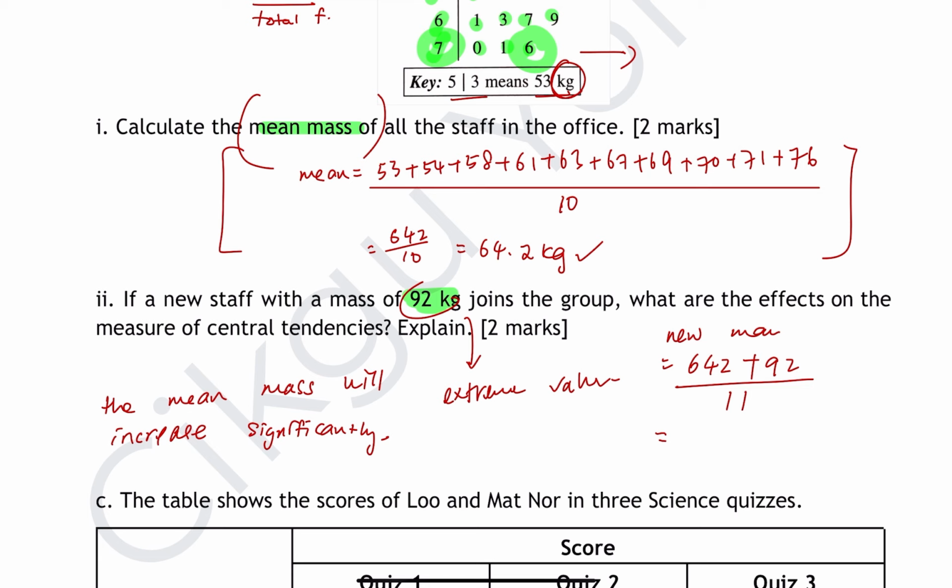Okay, so 642 plus 92 over 11, you have 66.73 kilo. That's how you can compare your 64 and 66.7, right? It will increase definitely if your extreme value is higher compared to your general data.